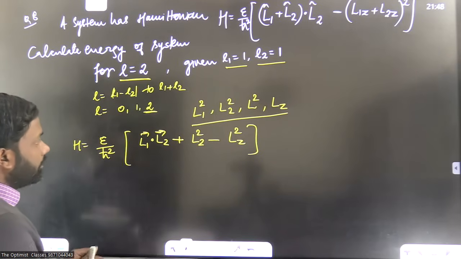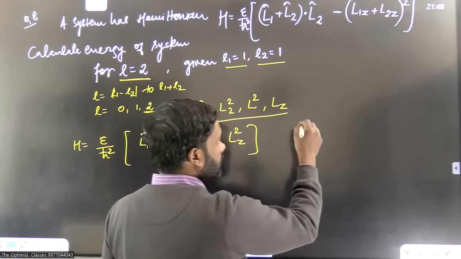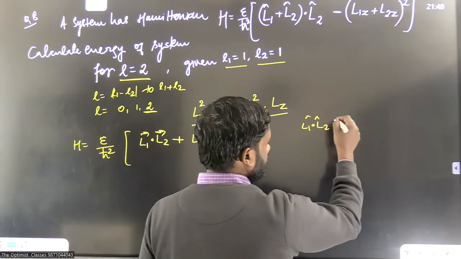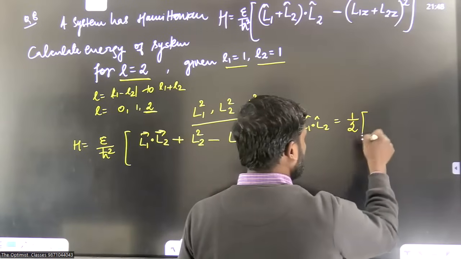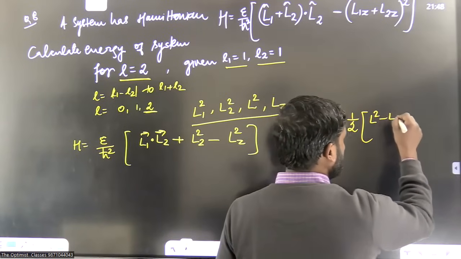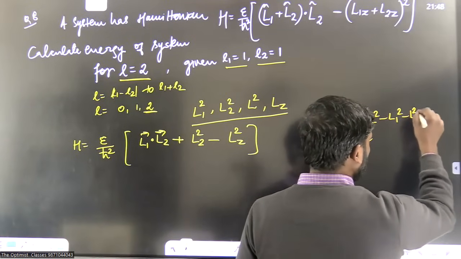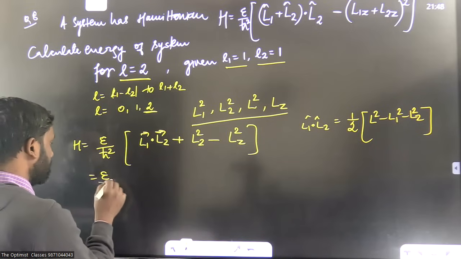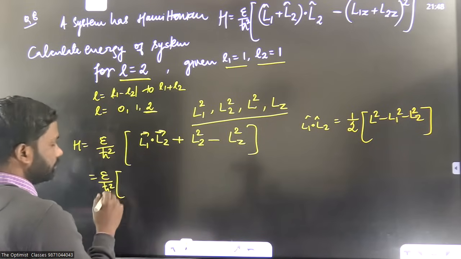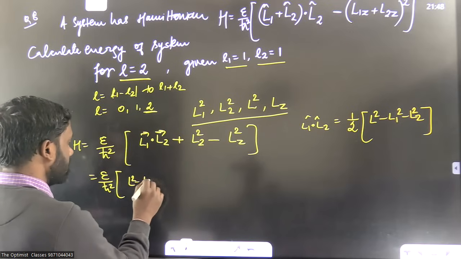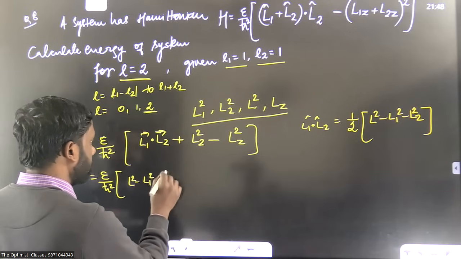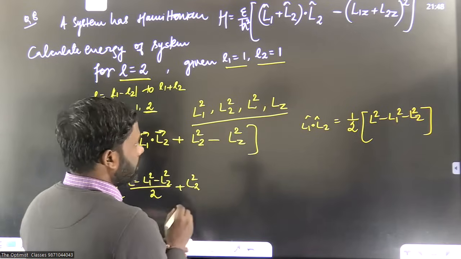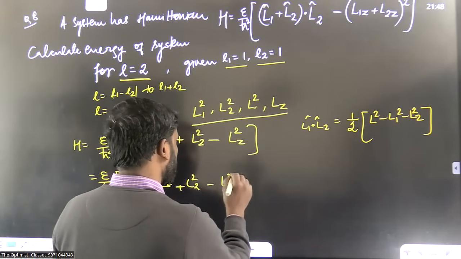Now you see L1 dot L2 is written like this: 1 by 2, and here you get L square minus L1 square minus L2 square. This you all must be knowing. So let us put that here. So this is epsilon upon H bar square, and here we get L square minus L1 square minus L2 square divided by 2, plus L2 square and minus LZ square.